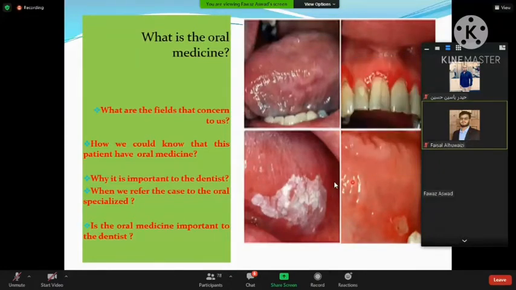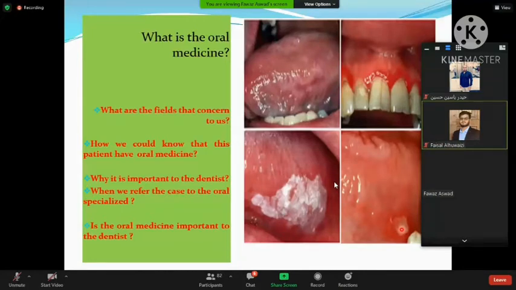As we discussed here, for example, this whitish area on the lateral surface of the tongue, or this aphthous area, or this major ulcerative area in the oral cavity. Here the dentist specialized in this field in the oral medicine department takes the full responsibility to say that it is benign, or maybe to say it is a serious condition and further investigation is required for this patient.